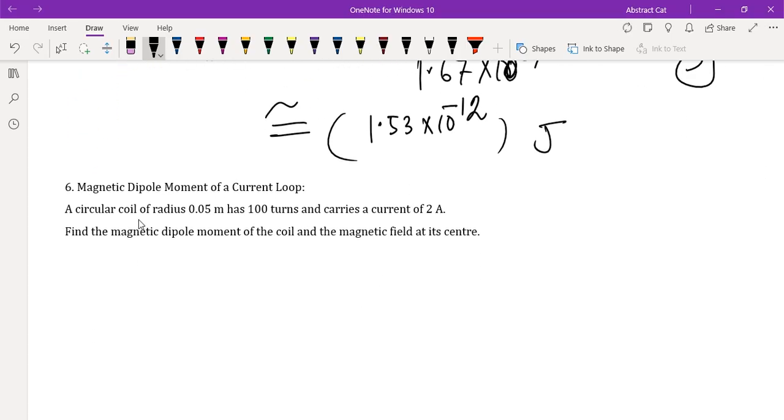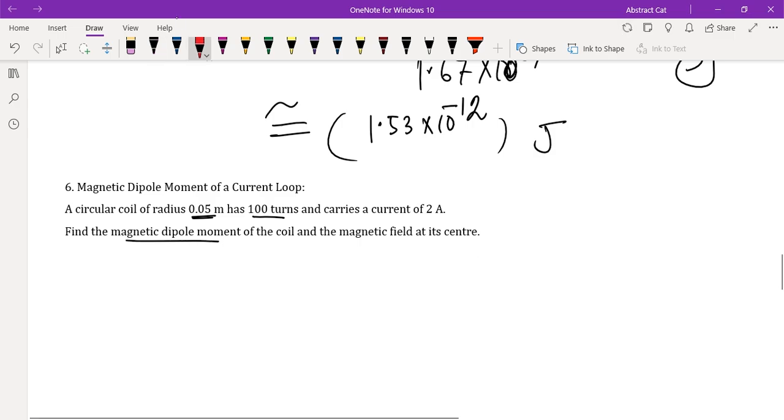Find the magnetic dipole moment of a current loop of given radius 0.05, with 100 turns, carrying a current of 2 ampere. Find the magnetic dipole moment of the coil and the magnetic field at the center. Okay, that you know is easy. First, the magnetic dipole moment.